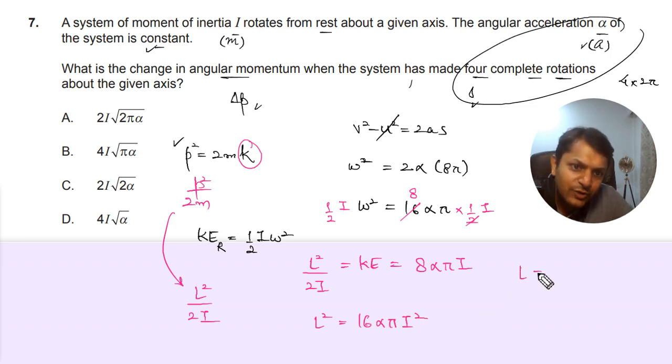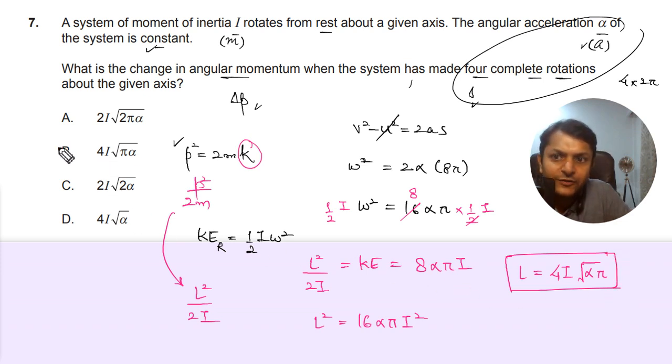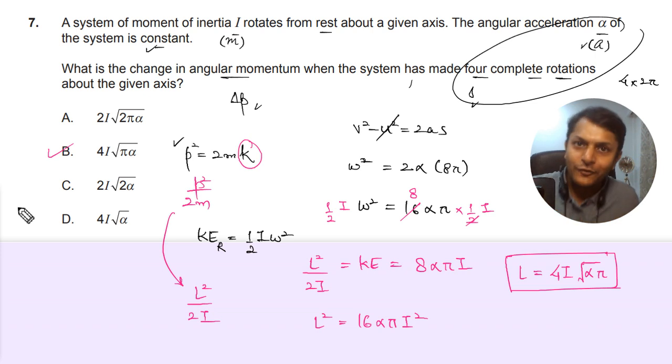Now you take the square root on both sides, so L will be equal to 4, alpha pi will be under the square root, 4I root of alpha pi. So this should be the correct answer. L is equal to 4I root of pi alpha. So this is how we do this.